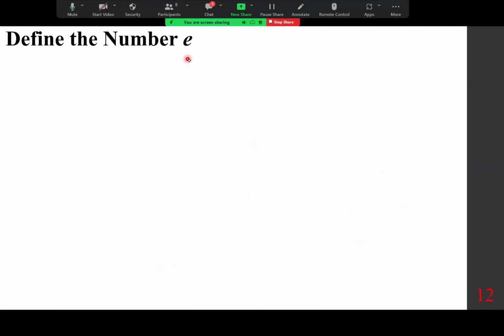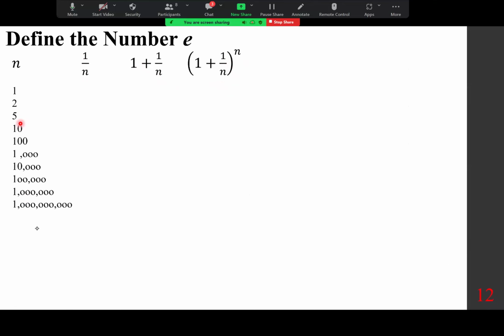Let's define the number e. We remember that from intermediate algebra, the base of a natural log. So here's the definition. If we have n, 1 over n, 1 plus 1 over n, and 1 plus 1 over n to the power of n, if we pick a bunch of numbers, 1, 2, 5, and make it huge, then we evaluate 1 over n.